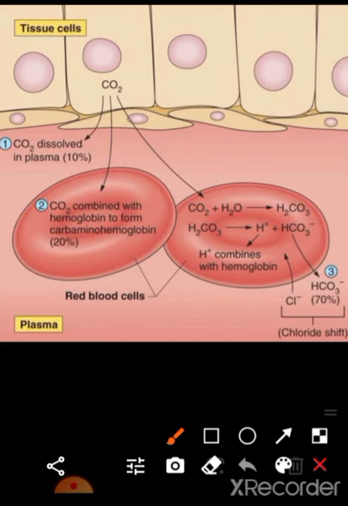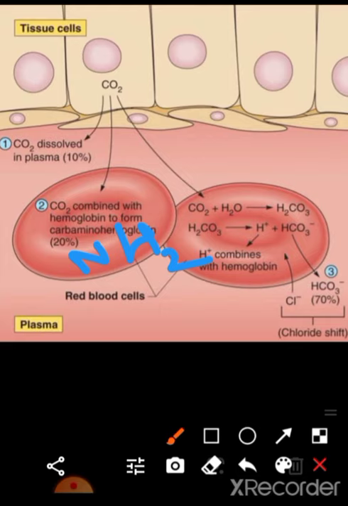Okay, so in addition to reacting with water, carbon dioxide also reacts directly with amine radicals. Okay, amine radicals means the NH2 of hemoglobin to form an unstable compound called carbaminohemoglobin.